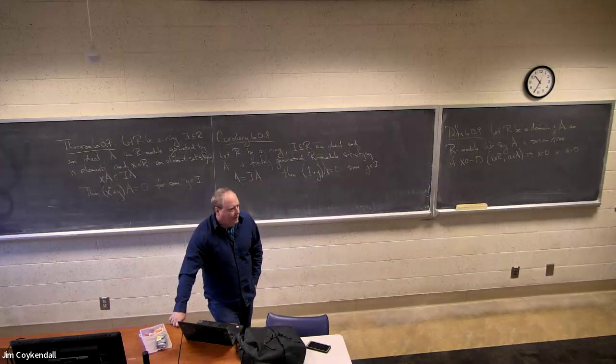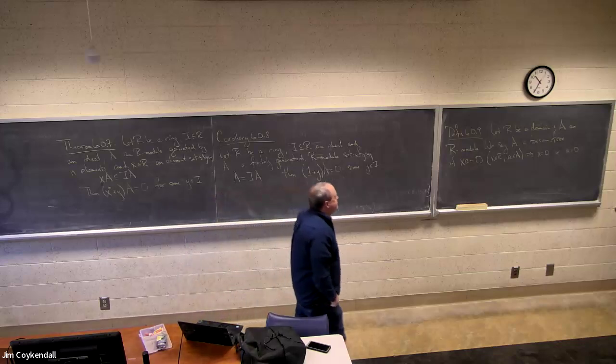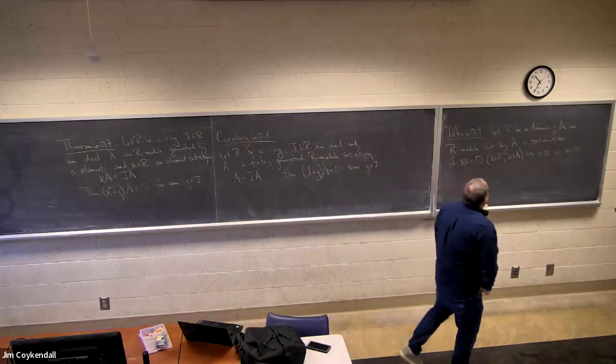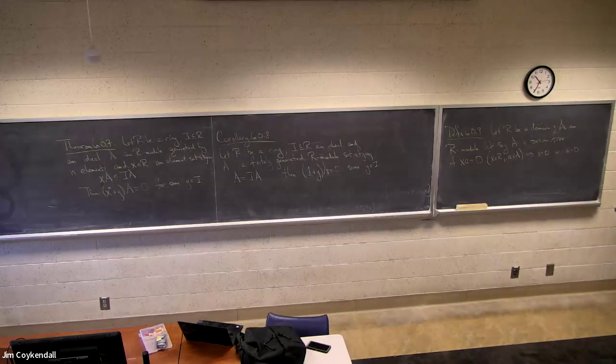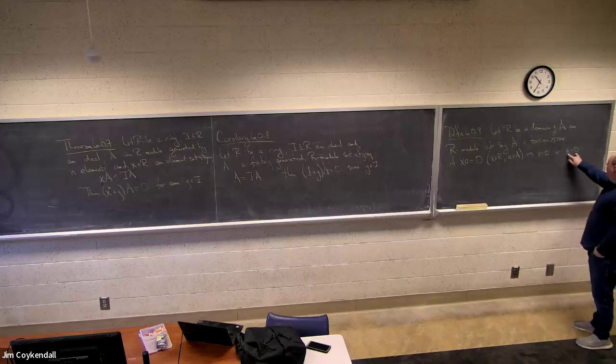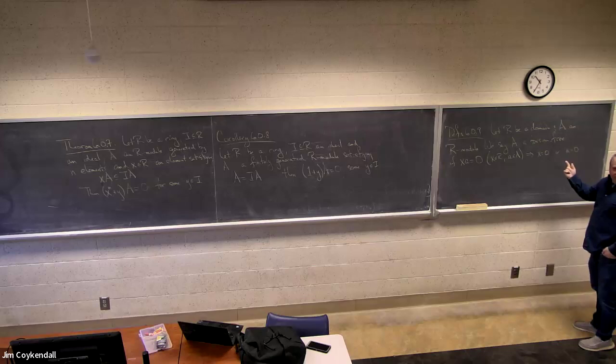Maybe you want R to be room free. Well, for example, if you have a module, then the elements that are torsion, the ones that can be killed by a non-zero element, form a submodule in the domain case, whereas in the non-domain case, they don't.